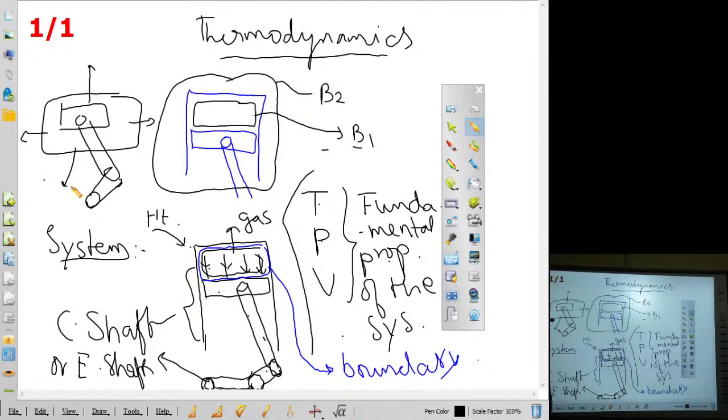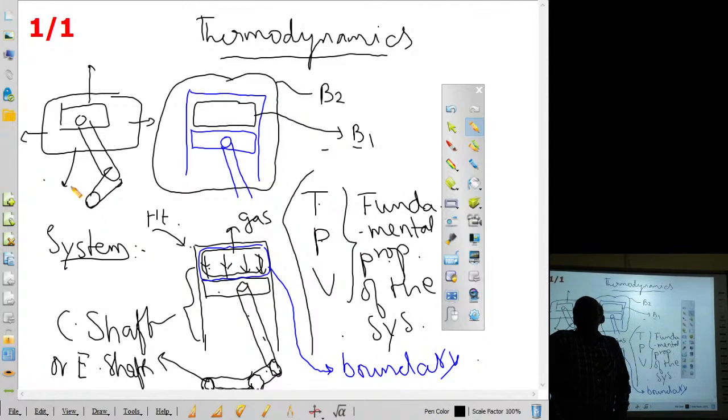Because of that, if we take this boundary B1, the cylinder is outside. It is also changing the behavior of the character of the system. So both conditions satisfied. Therefore, cylinder satisfies both the points for the surrounding definition. Therefore, cylinder is a surrounding, but for the boundary B1.